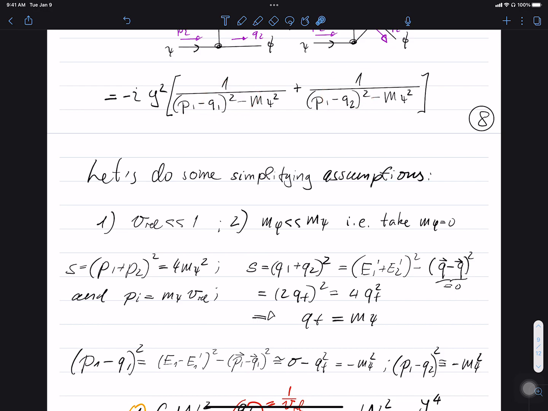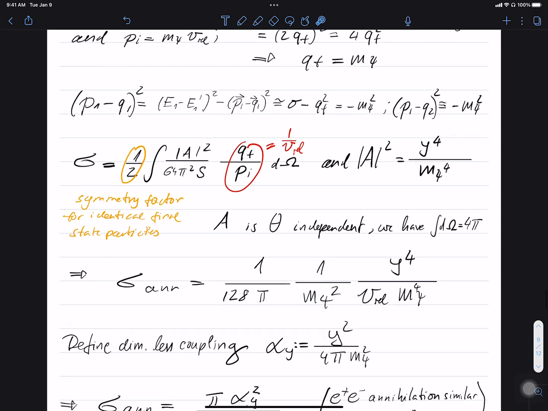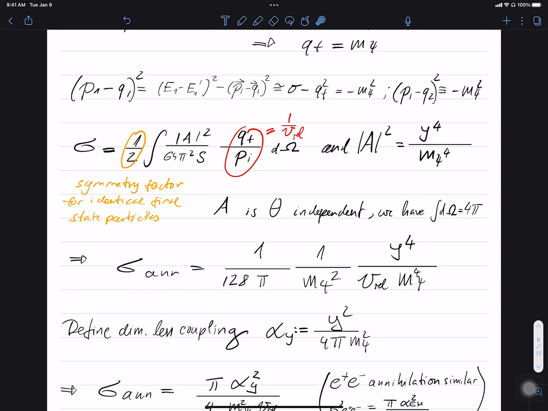We sum them together, so we get just 1 divided by minus m psi squared. So the square of the amplitude is just y to the 4 divided by m psi to the 4. And remember that y has mass dimension 1, so the whole mass dimension of this amplitude here is 0, as it should be.